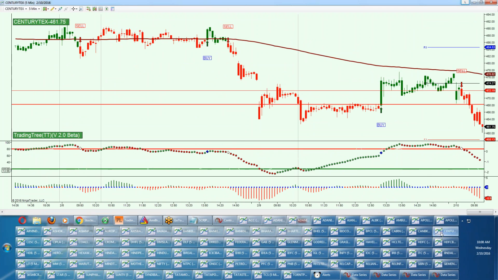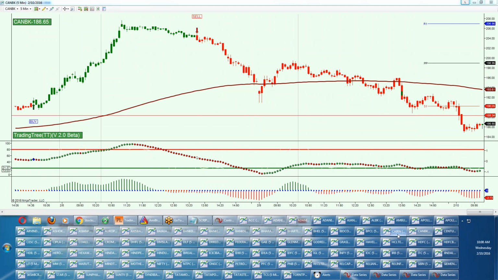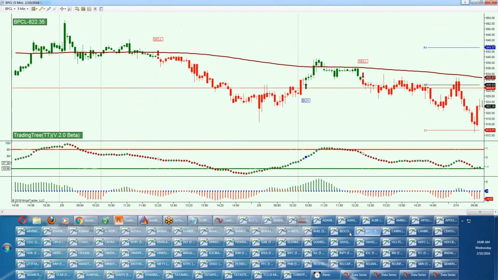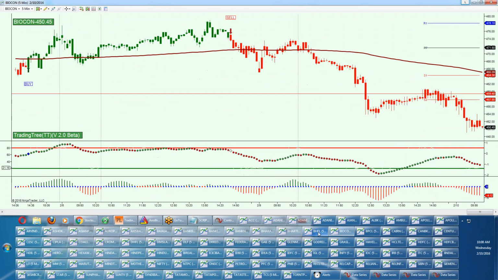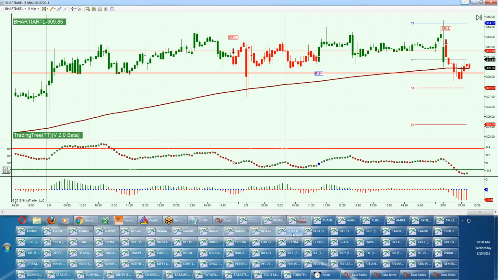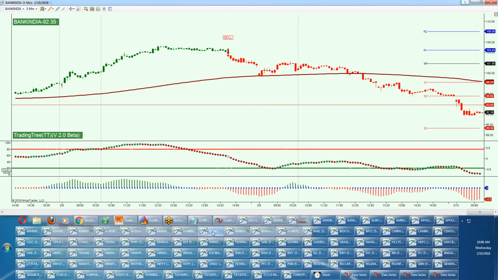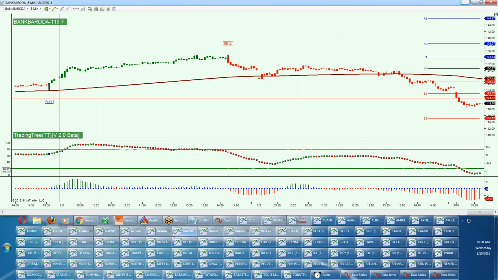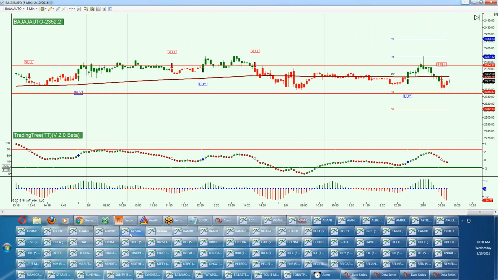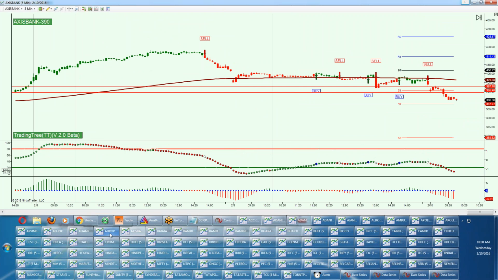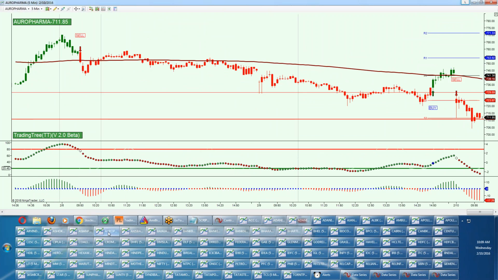Century Textiles is in profit. Your first level of profit will be 458.50. So Axis is in profit. Aurobindo Pharma, its entry is done.